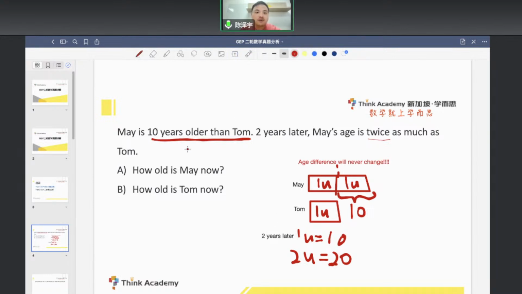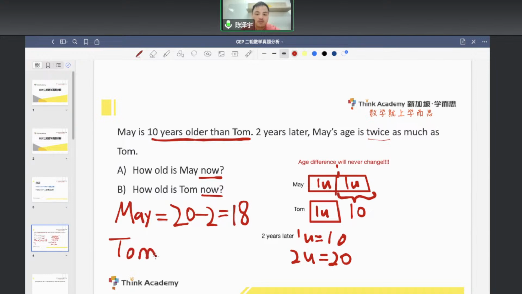However, the question wants us to find their individual age now, this year. So for May, I need to use 20 minus 2 to give me 18. And for Tom, we know that Tom 2 years later is 10 years old, so 10 minus 2 equals 8 years old.